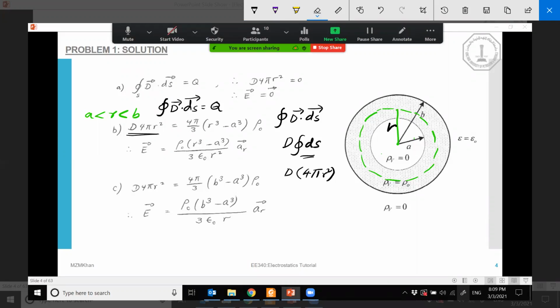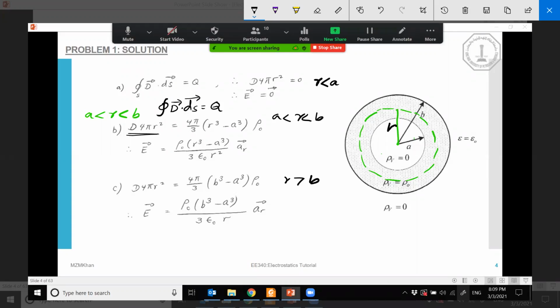Here, how did you know that the boundaries for rho is from A to R, not from A to B, because it is in between? In other words, how to determine the boundaries of rho? See, now we need to find it in 3 regions: where r is less than a, where r is between a and b, and where r is greater than b.